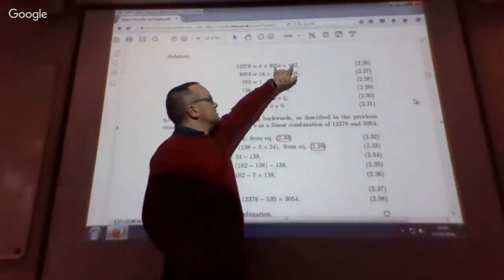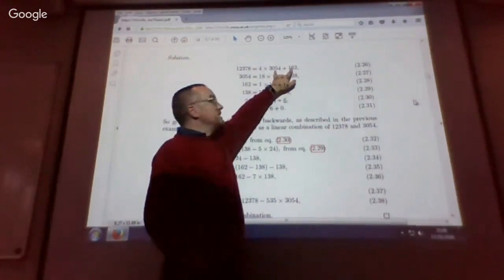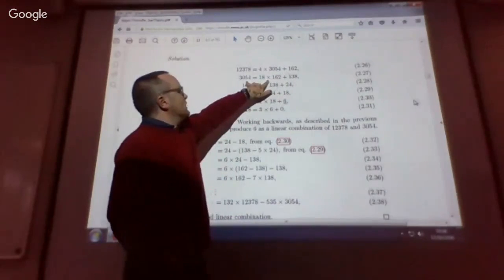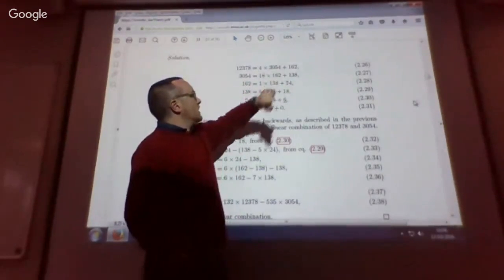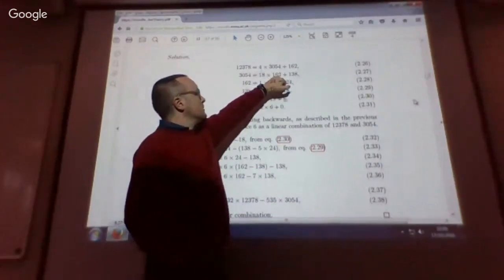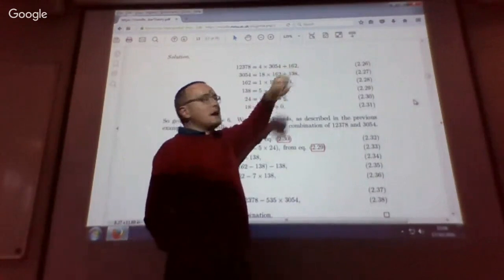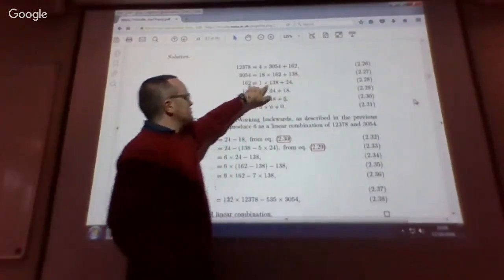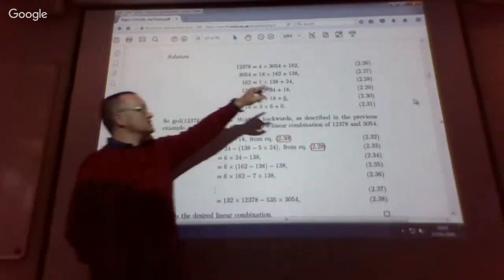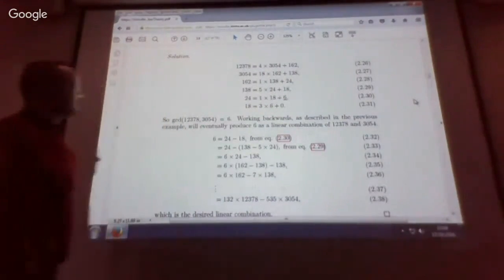And you can see the pattern, we then take the number that we divided by, and we take the remainder, and that's our new input pair. We divide the number we just divided by, by the remainder. We get a new quotient and a new remainder, and the process continues, dividing 162 by 138 and so on.